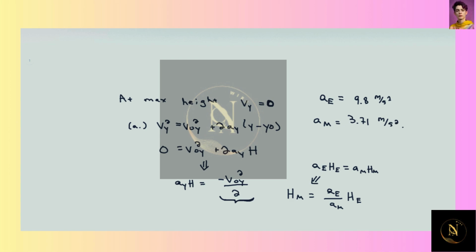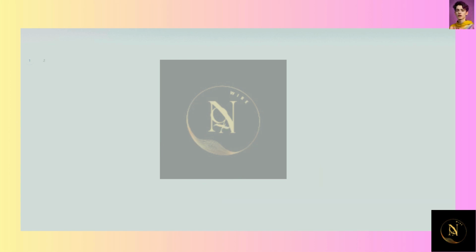Plugging those in, we get that the height on Mars is equal to 2.64 times the height on Earth. Because there's less acceleration on Mars, it's able to go more than 2 times as high as on Earth.